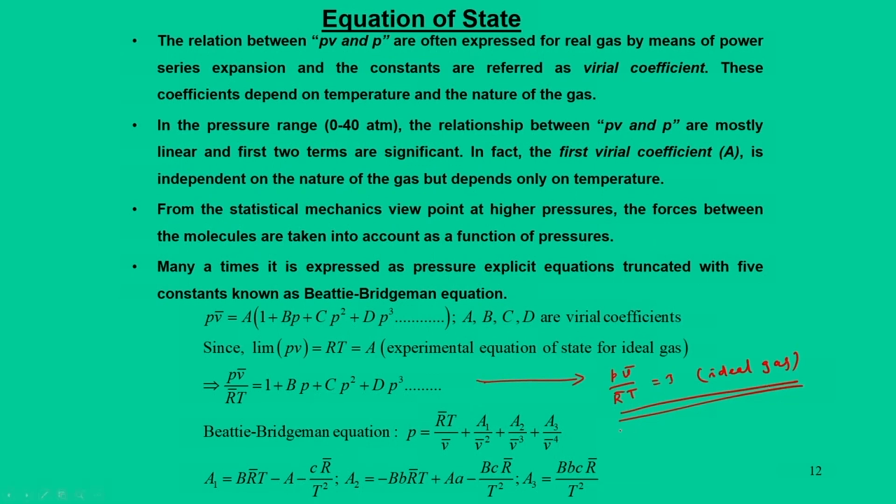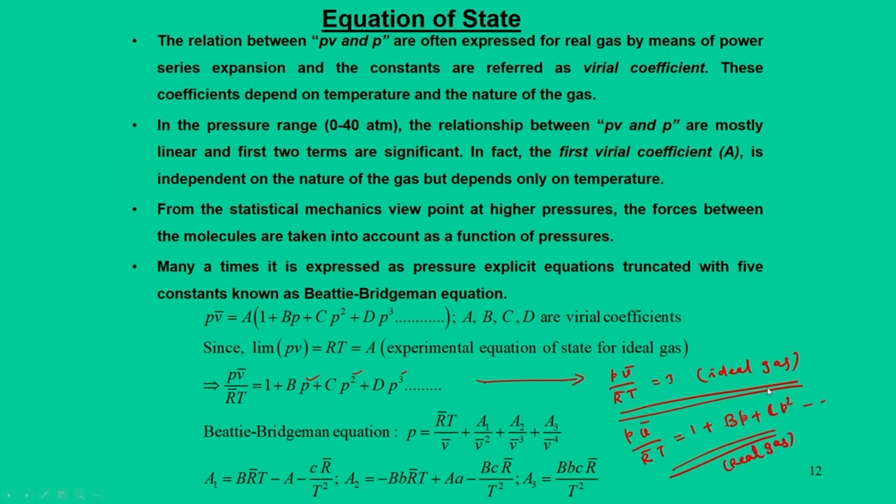For all other situations, when it is a function of pressure, it becomes a real gas model. So PV bar by R bar T becomes 1 plus Bp plus Cp squared, and when this happens, it is a real gas model.